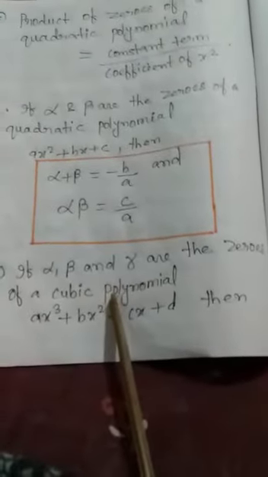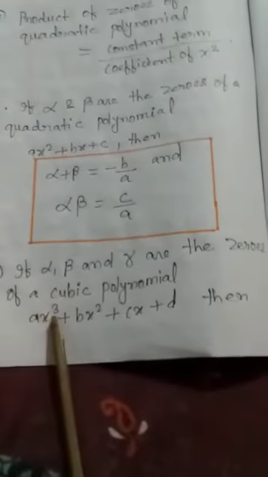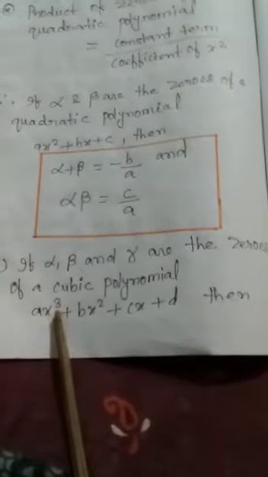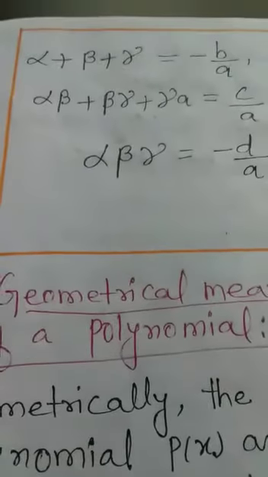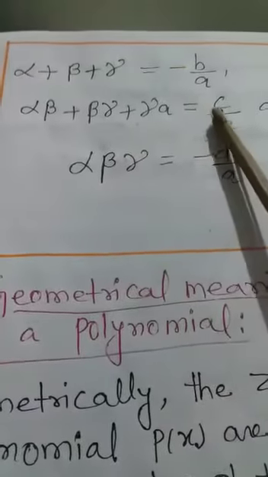And I told you in your previous class that for cubic the degree of x will be how much? 3. Then we will write alpha plus beta plus gamma, sum of roots. Here our 3 roots are there. So alpha plus beta plus gamma is equal to how much?